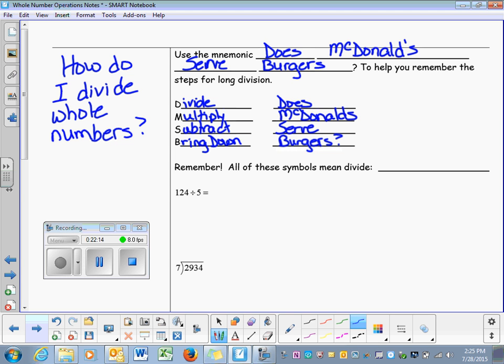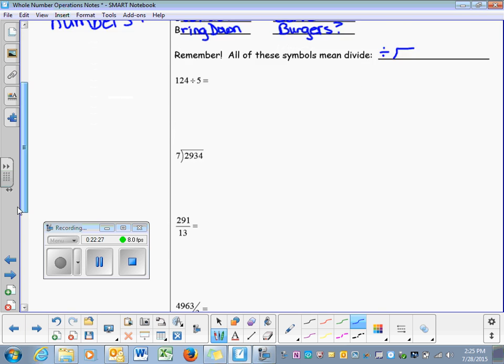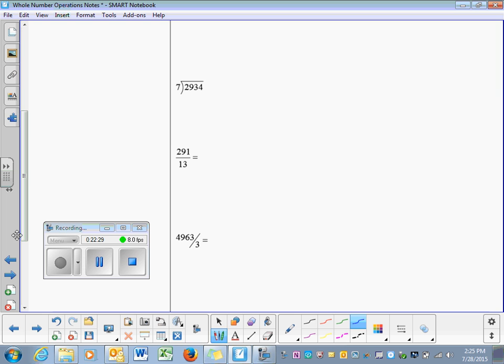I'm solving the problem. So we've got a number of symbols that mean division. You see this division symbol and also this division symbol very frequently in elementary school. What you need to remember is that the fraction, written either way, is also a division symbol.